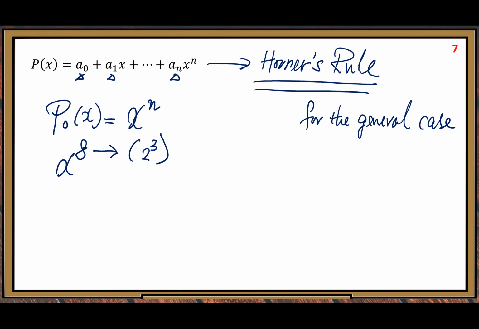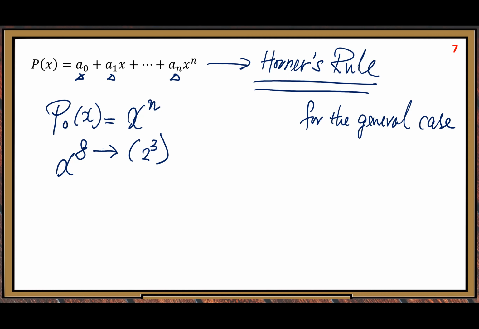Yes, you got a point. So go back, look at the title, repeated squaring, right? That's what we are going to do. Because of the power of 2, we can take advantage of it.